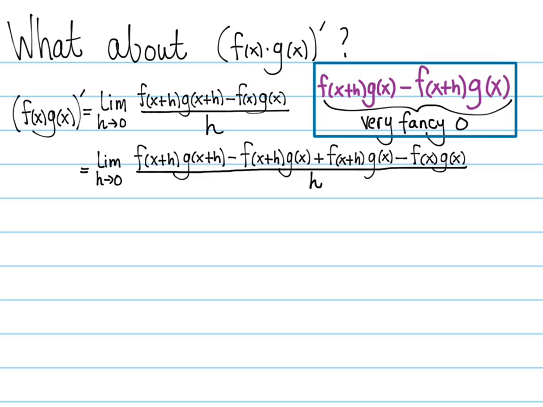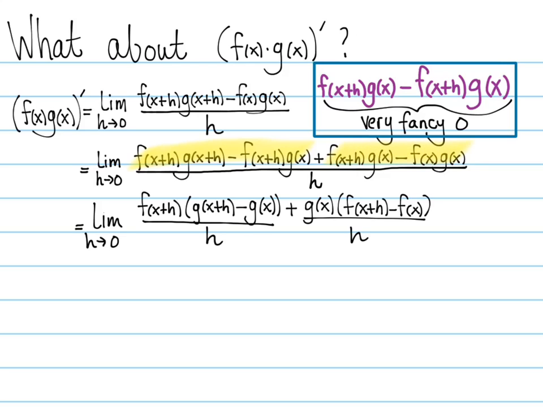And then what you should notice is these two have a common factor of f(x+h), and these two have a common factor of g(x). And so I'm going to factor those out, and on top of that, I'm going to split my fraction into two fractions.